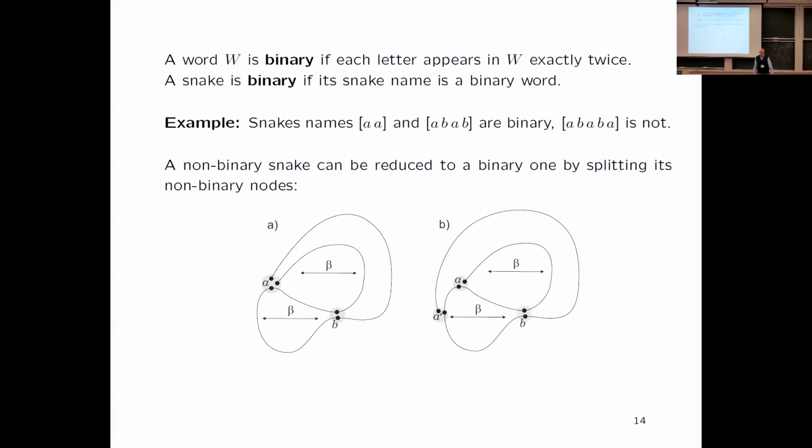There is a canonical way to reduce every snake to a binary snake. And because we don't know how to count general snakes, let's count binary snakes only.